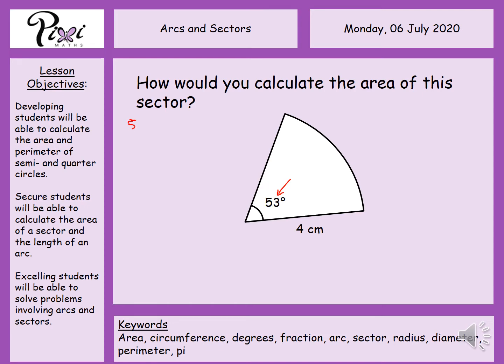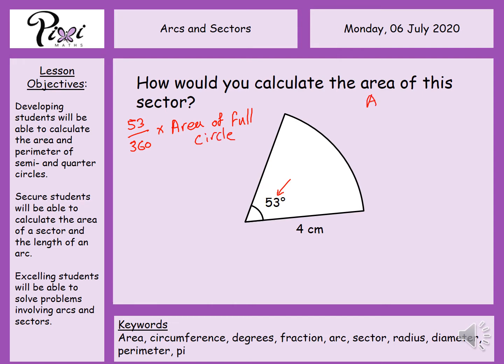Well, now same idea, we've got 53 out of 360. So that's what proportion of the circle we've got. So when we work out our total, we're going to do that fraction of the area of the full circle.